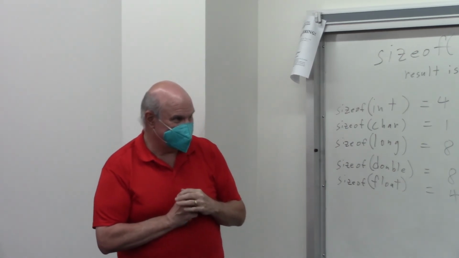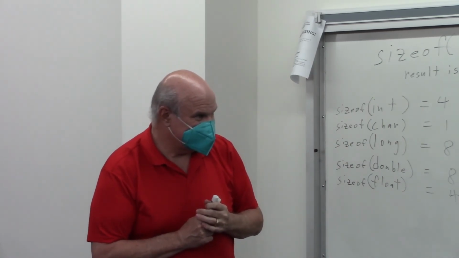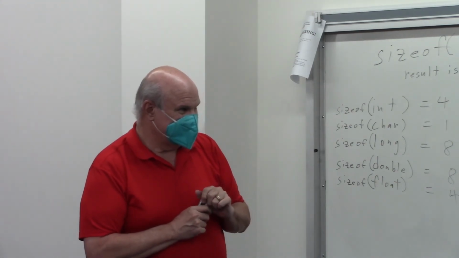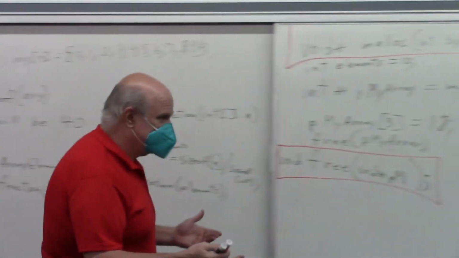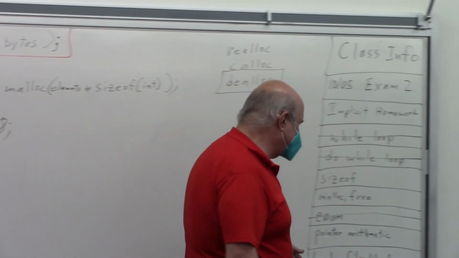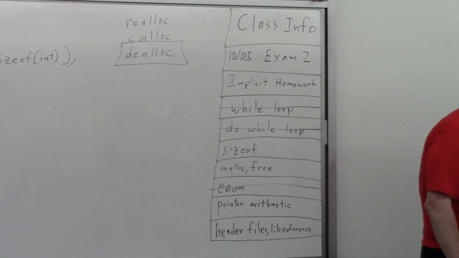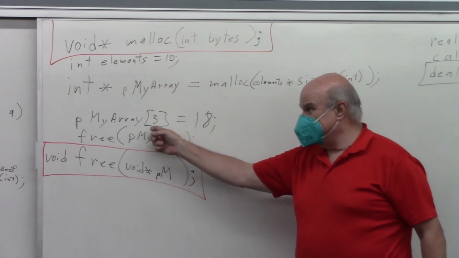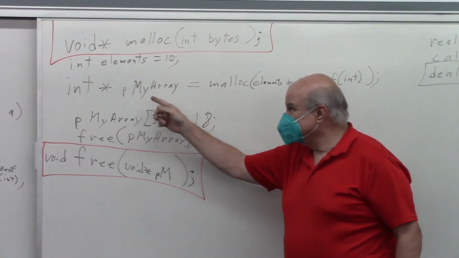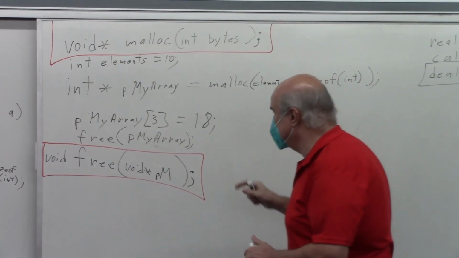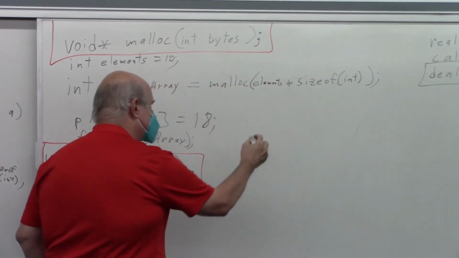Malloc, free, sizeof. We did enum. Any questions so far? Because now you can see that the stage has been set to start understanding pointer arithmetic, because indexing an array is not the only way to get to something, right? You can do things like P equals my array plus 4.